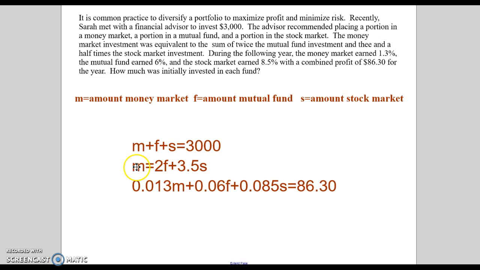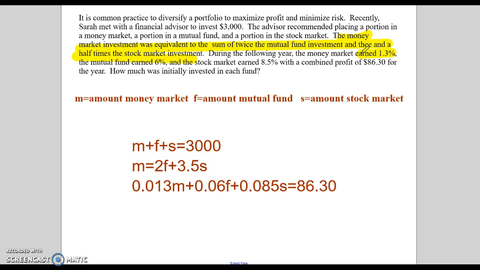The next one, if I read, and I can pull up my highlighter here, it says that the market was equivalent to the sum of twice the mutual fund and 3.5 times the stock market. So if I look here, M is twice the mutual fund plus 3.5 times the stock market.